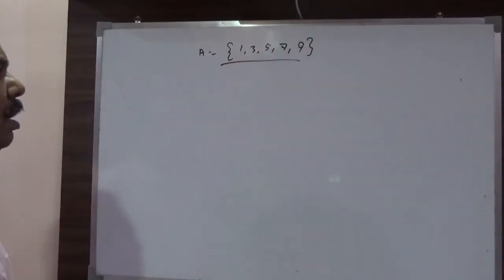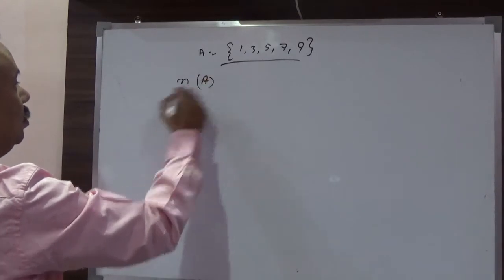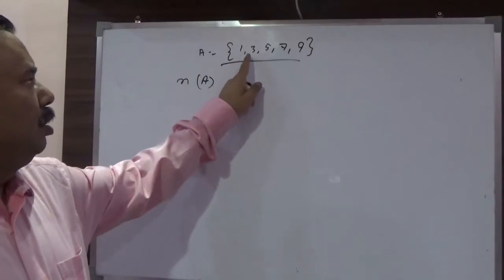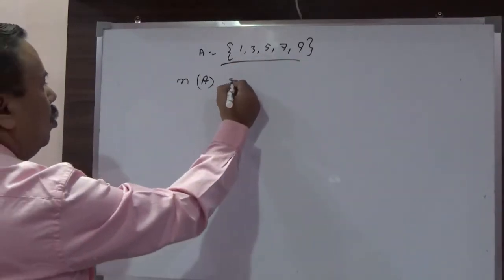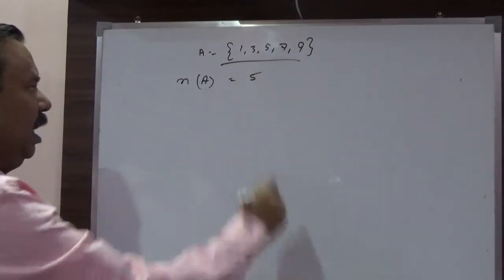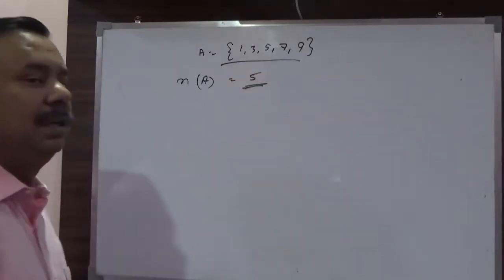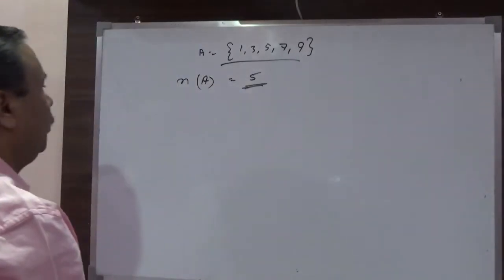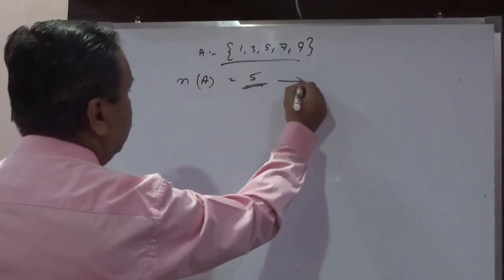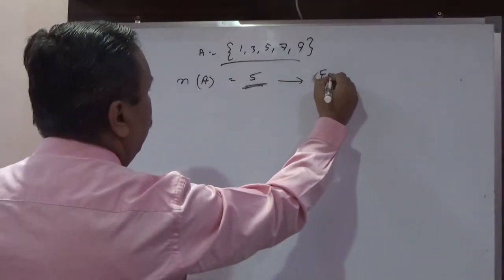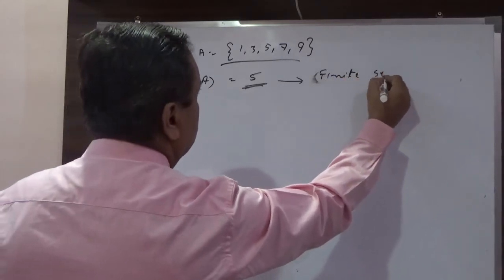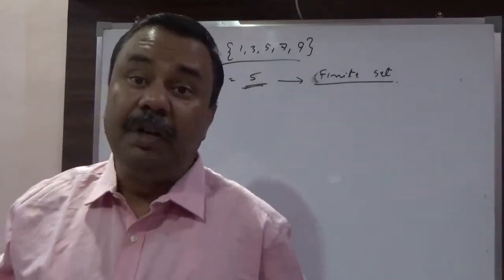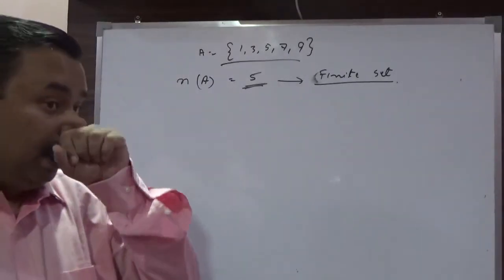If I ask what is n(A), the number of elements in the set A, this is 1, 2, 3, 4, 5, so n(A) is equal to 5. If you are getting a definite value for the number of elements, then this type of set is called a finite set. It has got a definite value, so that is why it will be called a finite set.